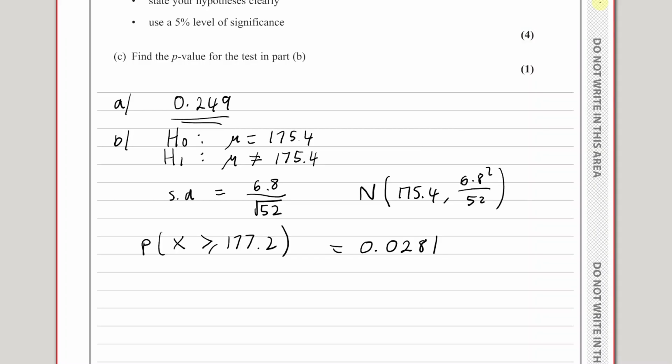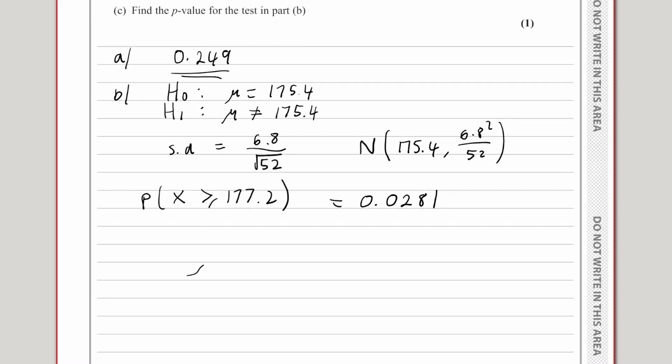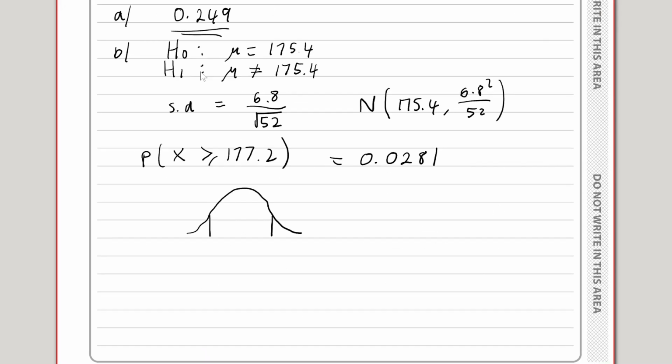If we double, it's a two-tailed test, so it's just not 175.4. So we've got 2.5% on each side if we split up our significance level.